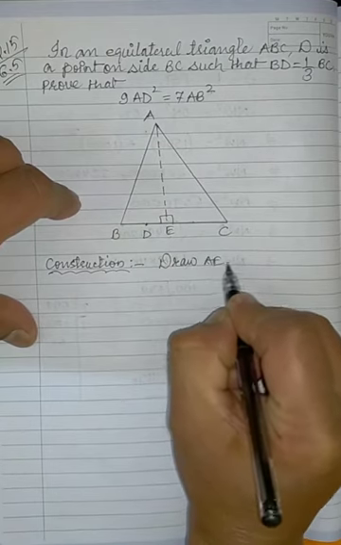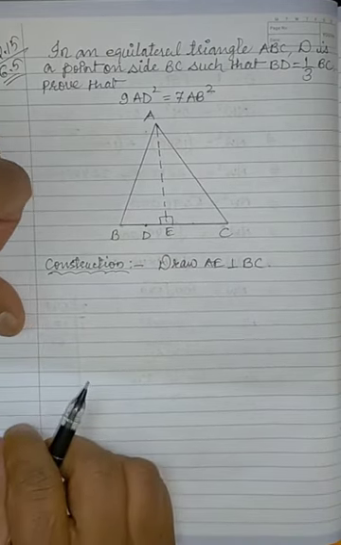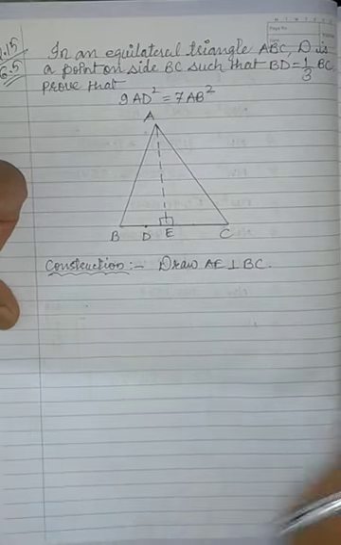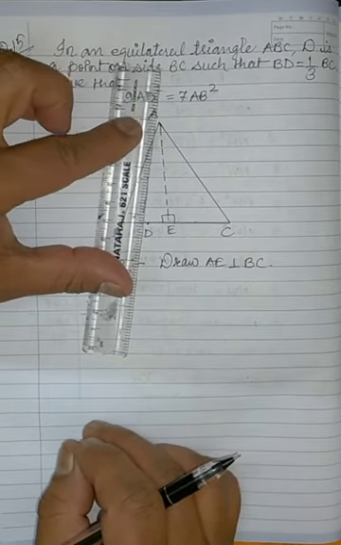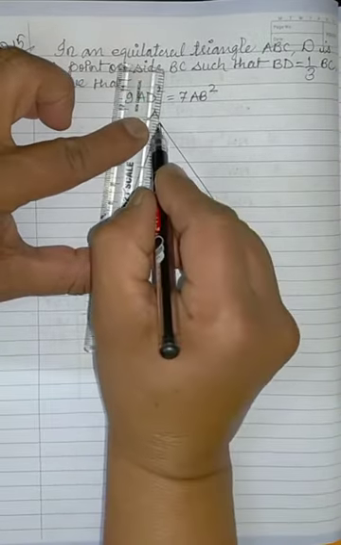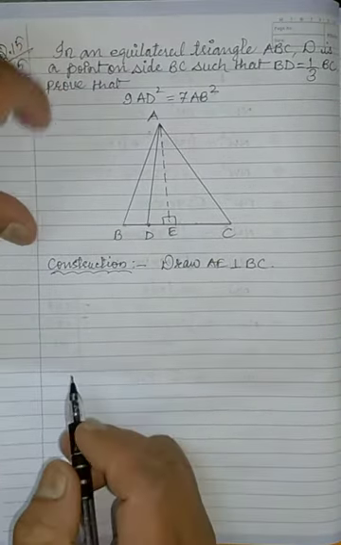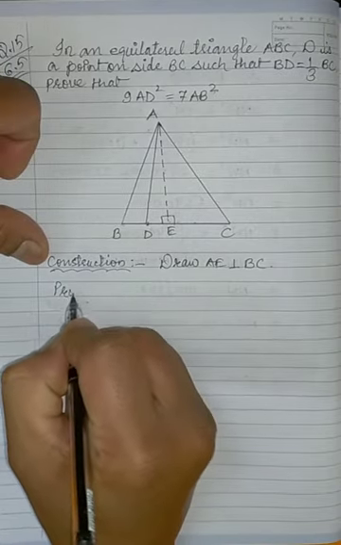Draw AE perpendicular to BC. Also join AD. Now let us prove it.